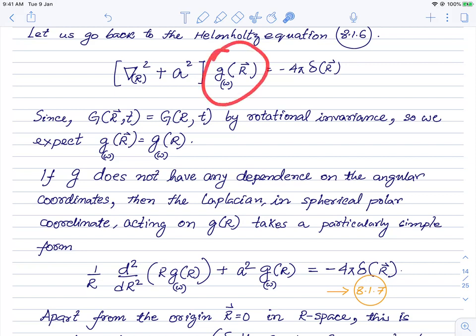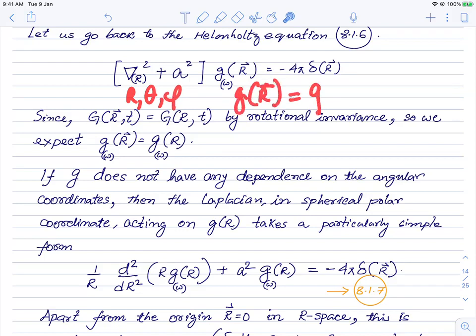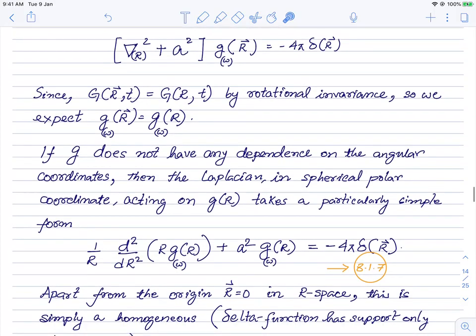But because this function is invariant under theta and phi, G of R vector is not a function of theta and phi, but just a function of R. Therefore, the derivatives with respect to theta and phi will just drop out when the Laplacian acts on this. I'm putting in the assumption of rotational invariance here, that the dependence of the Green's function cannot be on the entire R vector, but only on the magnitude of R.